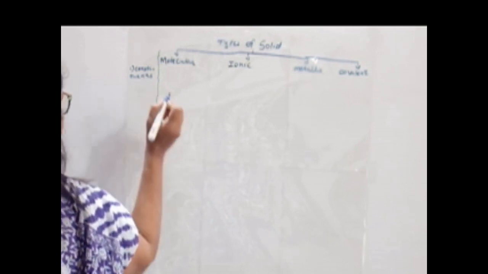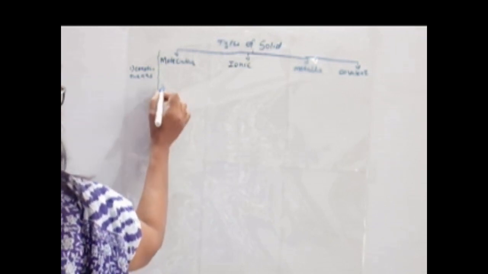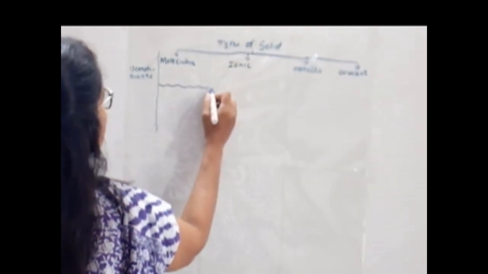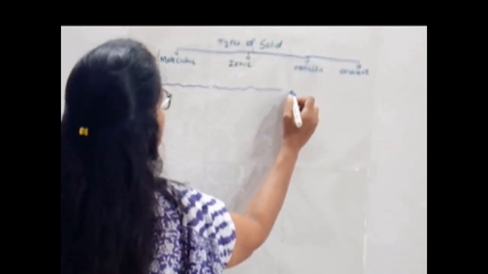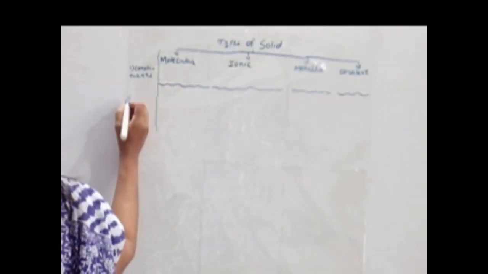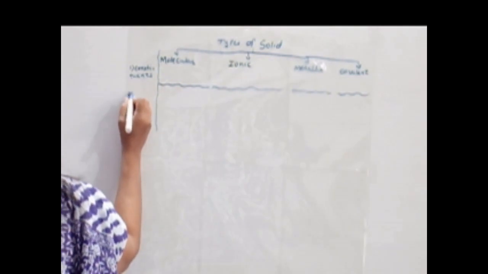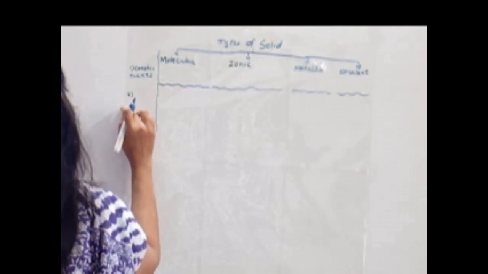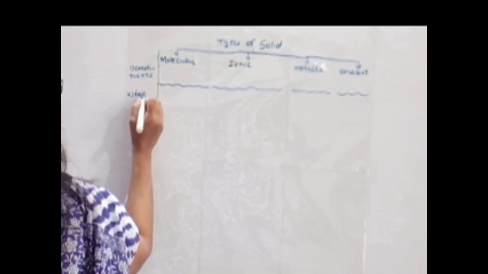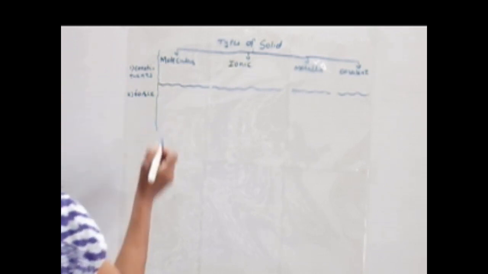Which constituent particles are generally available in that? Then the second property which we are going to study is the force of attraction, or which force is present in it.